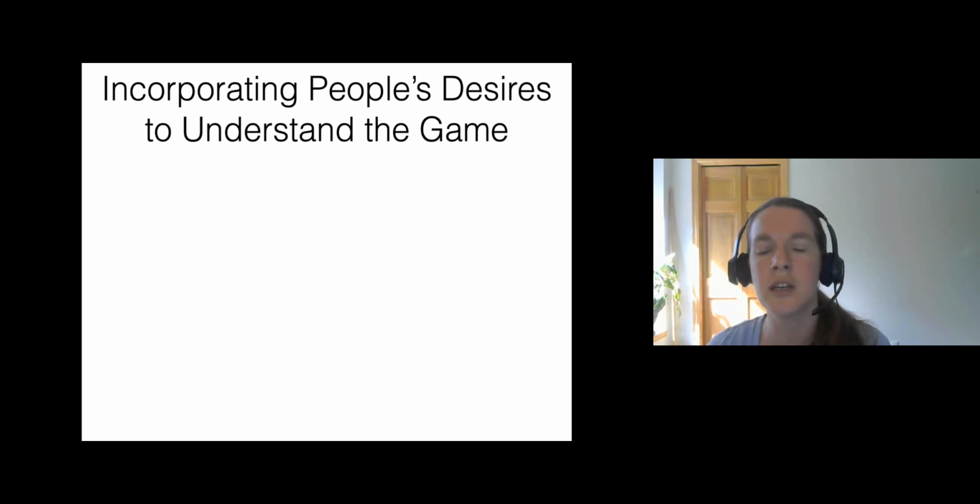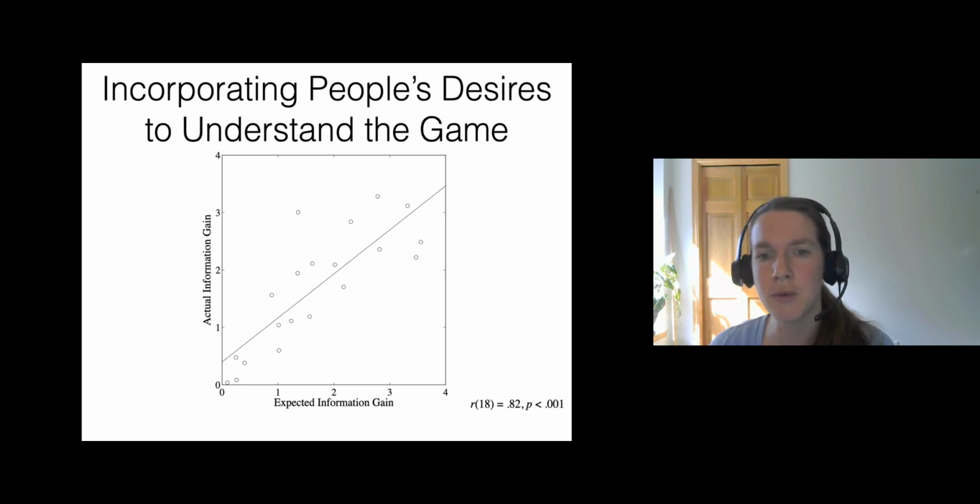And so we incorporated information gain that people might get by taking different actions. So they might not care about maximizing their points as much as they care about really understanding how the game works. We found that when we incorporated that, we significantly improved the correlation between the expected information gain from our estimates and the actual information gain when we had people play those games.